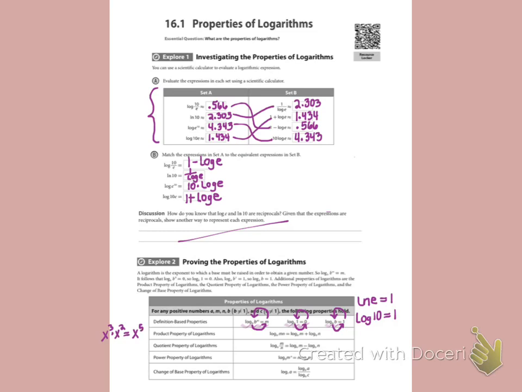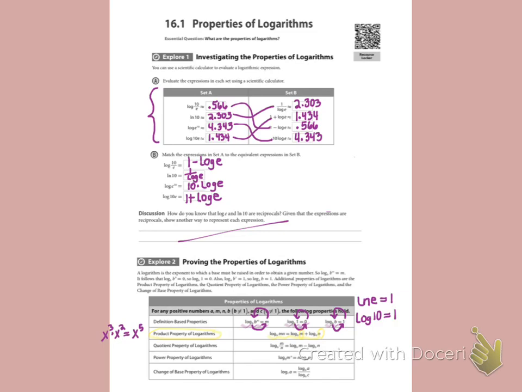So because a logarithm is an exponent, written in the inverse, we're actually going to look at this property in reverse. The product property for a logarithm basically says that if you're adding two logarithms with the same base, you can combine them together by simply multiplying the results and rewriting it as a single log with the same base.